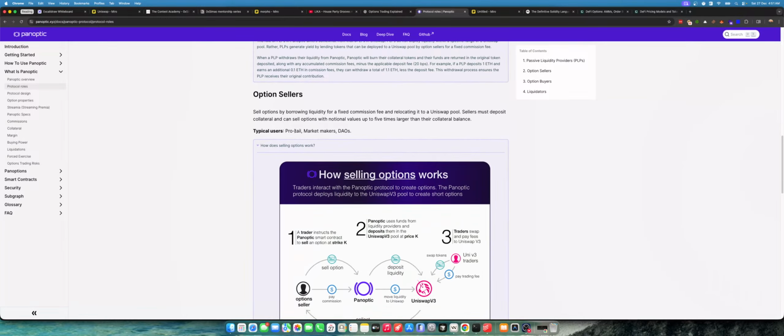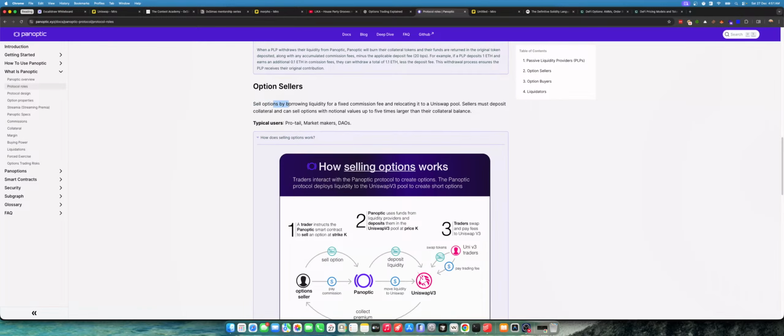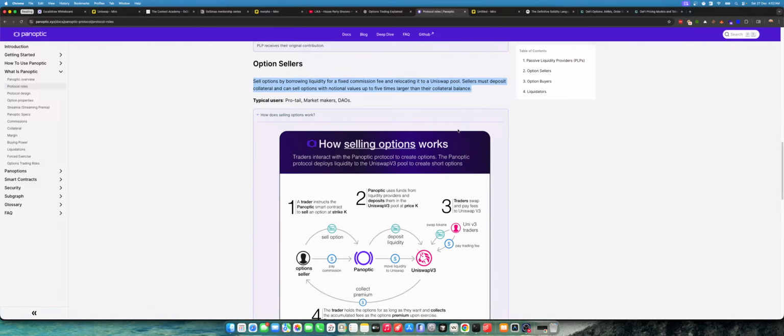Option sellers sell options by borrowing liquidity. I don't get it. Let's understand.